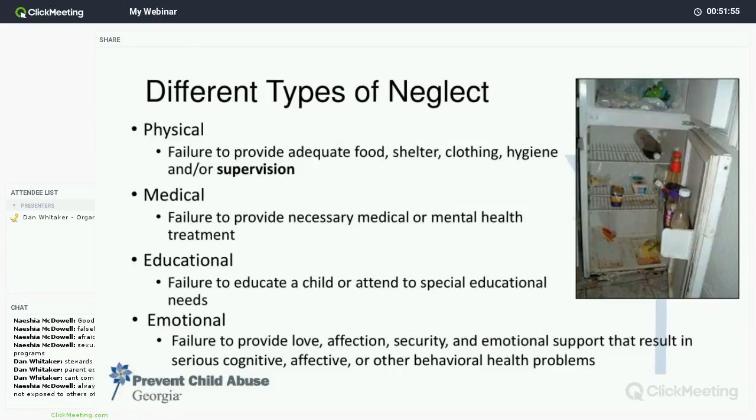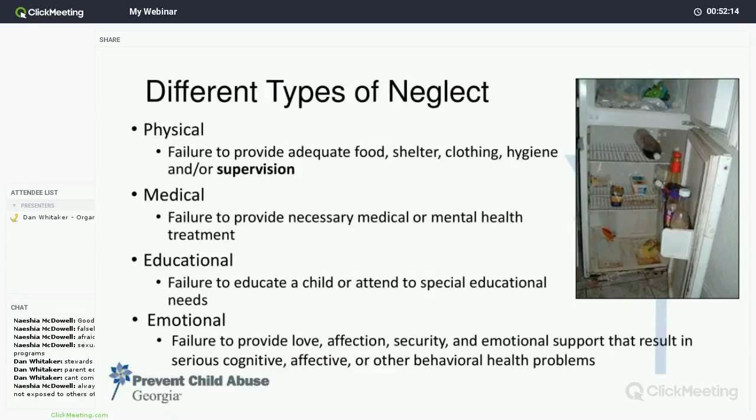So medical neglect, I just wanted to clarify this where religious beliefs are concerned. Children who are being treated only by spiritual means in accordance with a recognized church or religious denomination and by an accredited practitioner will not be considered physical abuse.